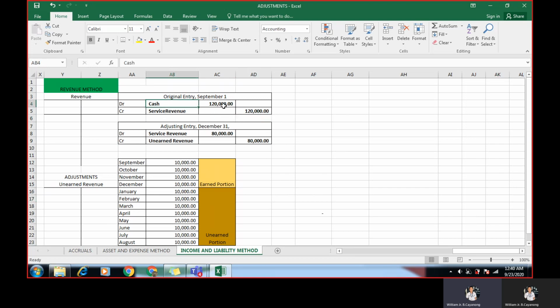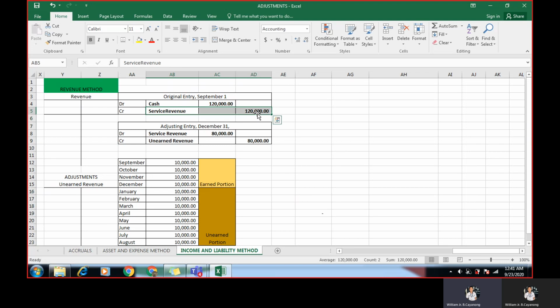So with debit cash 120,000, we credit, since we recognize it as income, service revenue 120,000. Now at the end, remember, we have here a schedule representing the unearned portion.